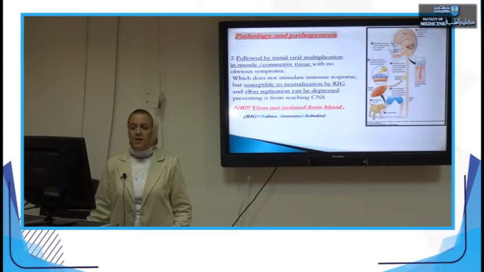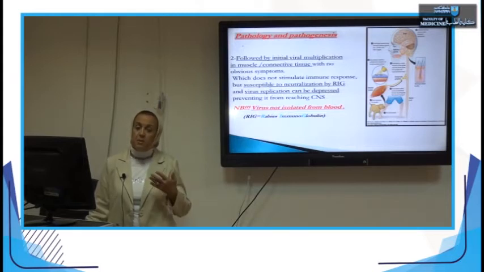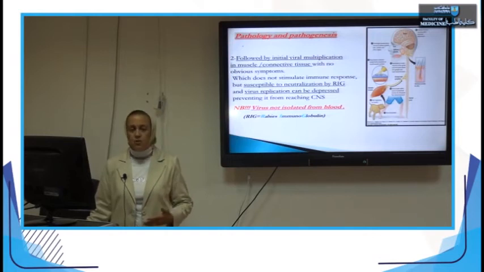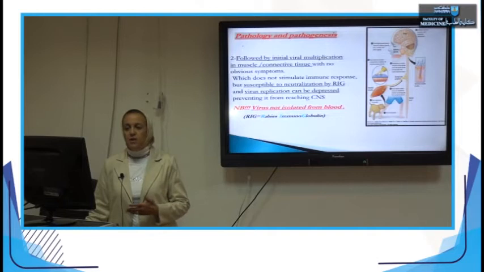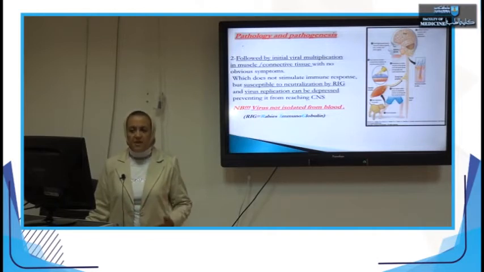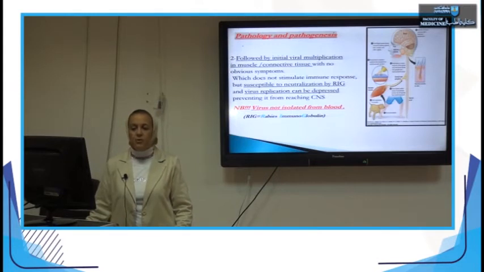At this stage, it does not stimulate the immune response yet, because it is just preparing itself for the process of infection, but is not ready for full infection and full disease manifestation. So it replicates and does not stimulate the immune response so far, but it is susceptible to neutralization by rabies immunoglobulin.